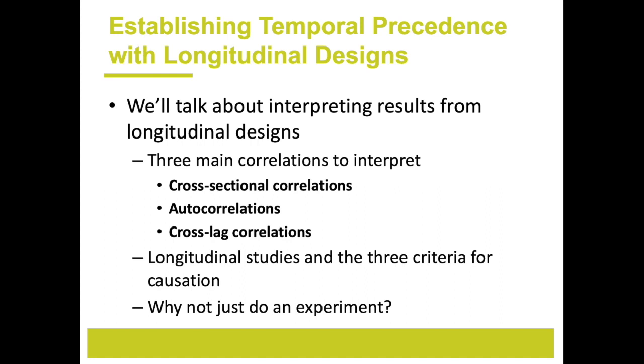There are 3 main correlations to interpret in a longitudinal design. First is cross-sectional, the second is autocorrelations, and the third is cross-lag correlations. These will become more clear in the next slides. We're also going to answer why we don't just do an experiment. Wouldn't that be easier? Just do a single experiment and be able to talk about causation that way.